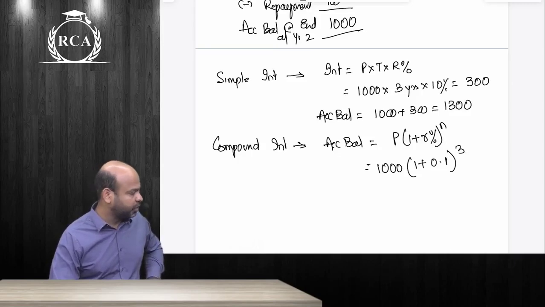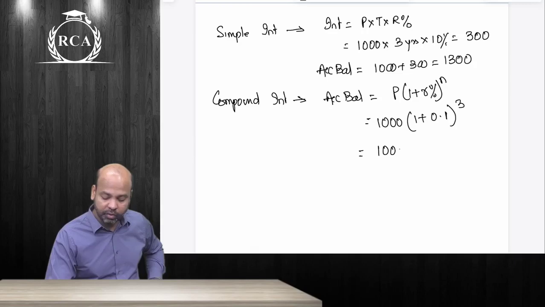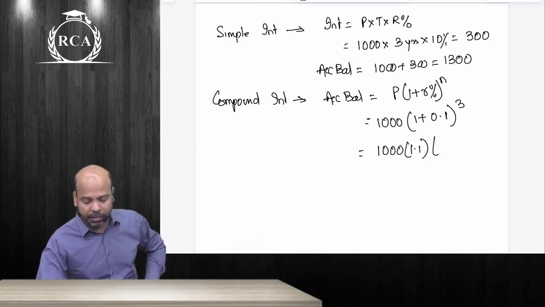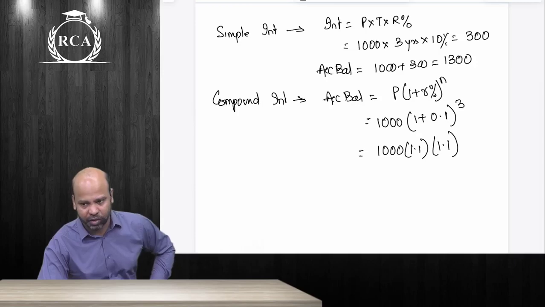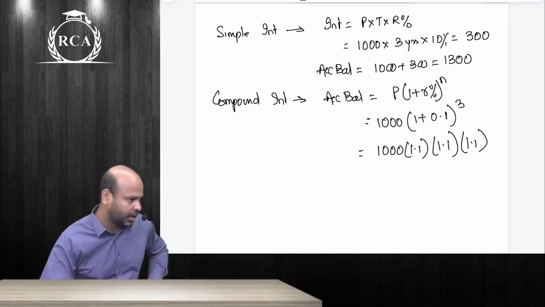Time period was 3 years. Okay? It's like this, but 1000 into 1.1 will give us accumulated balance at the end of first year. Isn't that 1100? You multiply by 1.1 again, you get accumulated balance at the end of second year, which is 1210 rupees. You multiply by 1.1 again, you get accumulated balance at the end of third year, 1331.